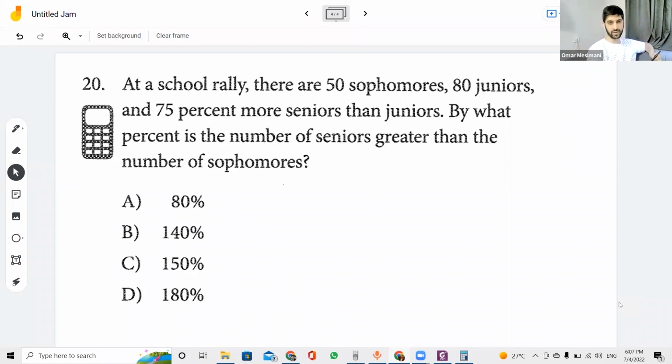You have to read it carefully. Here, there are 2 steps to solve the question. All right, we have 2 steps to solve the question.